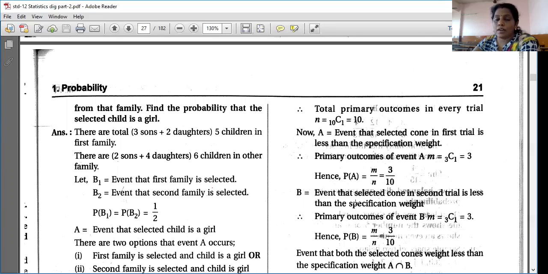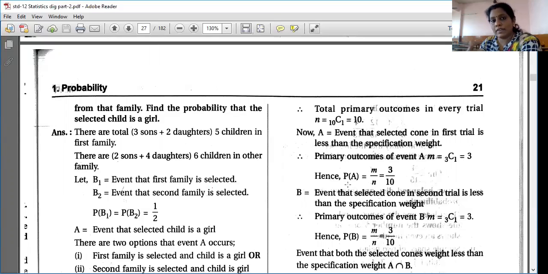Right? Now again, see, whenever with replacement or without replacement is given, you have to find n again and again. For every event we have to find n. If with replacement and without replacement is not given at all, then we find n only one time, and we use that same n repeatedly. Here, whether the question is with replacement or without replacement, we have to find n again and again.